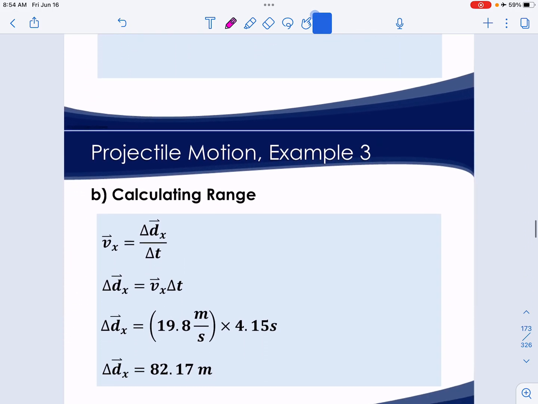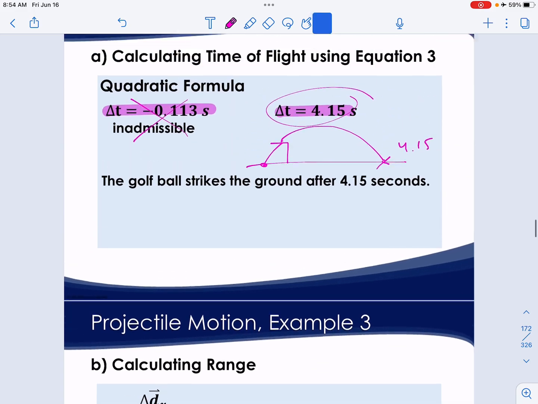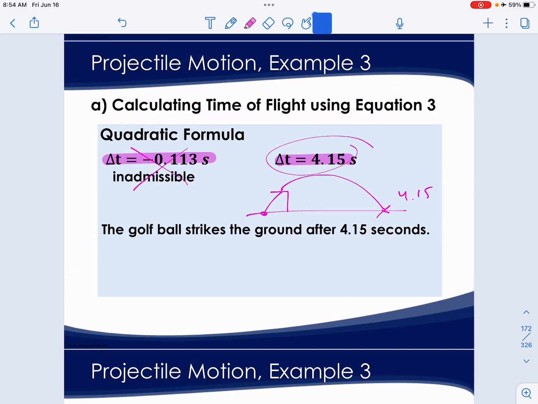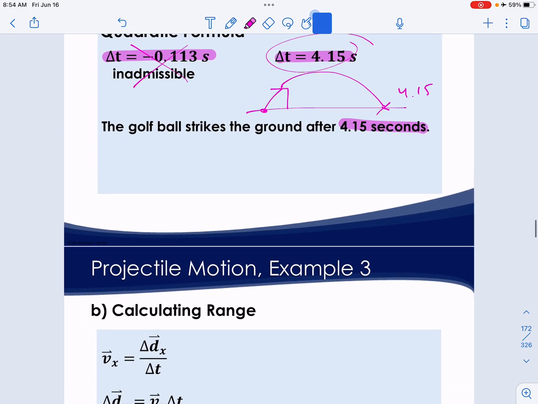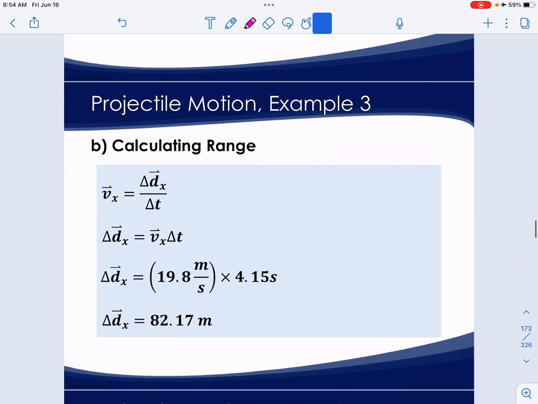Now that we have the time, 4.15 seconds, we can calculate the range. We know that it's going to be in the air for 4.15 seconds, and we know its initial velocity. If you're going 50 miles per hour east and you're traveling for 2 hours, you know that you've gone 100 miles.